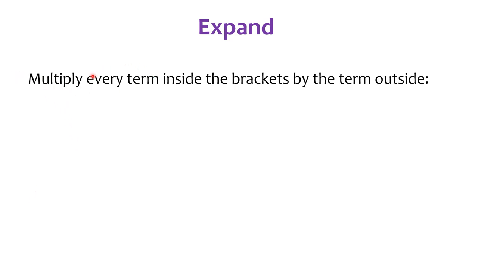Each and every, that's a very important word there, because I think that's where we make the mistake, where we just want to multiply only one term. So every term inside the brackets, we multiply with the term outside the brackets. That's how we expand.